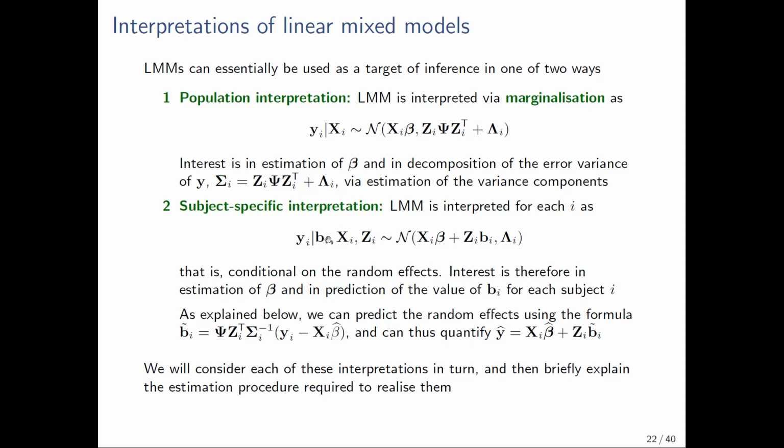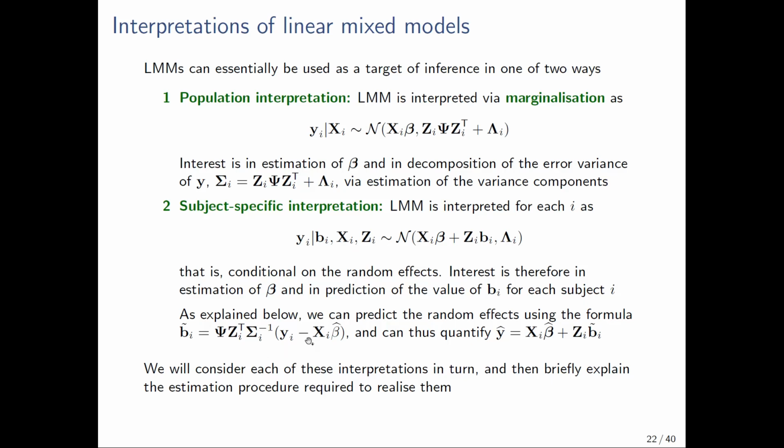Interest then in the subject-specific model is in estimation of beta and in what we call prediction of the value of b_i for each subject. We don't call it estimation of b_i. We call it prediction. We'll explain that later. As we'll explain, the random effects can be predicted using this formula shown here.